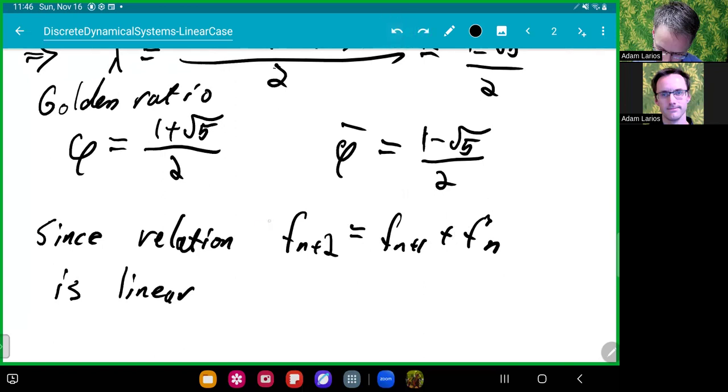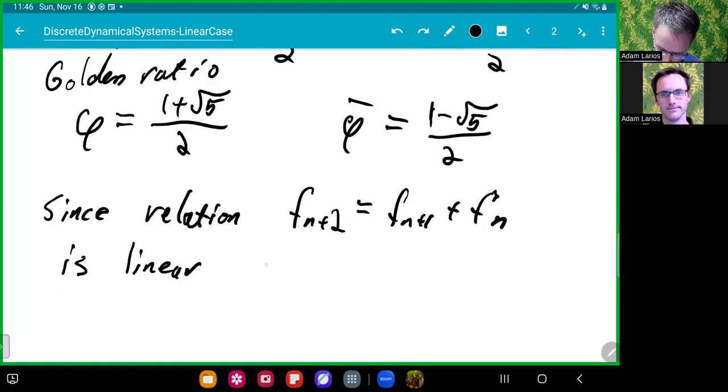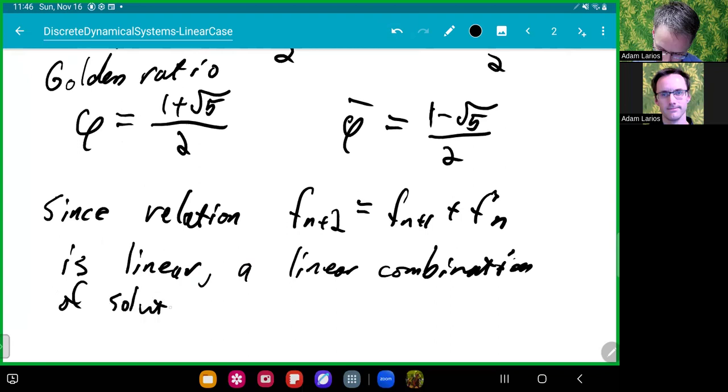That would also be considered linear, or it could have some other coefficient here. We just have a nice linear relationship between these coefficients. That means adding two solutions, or more generally, a linear combination of solutions is also a solution.